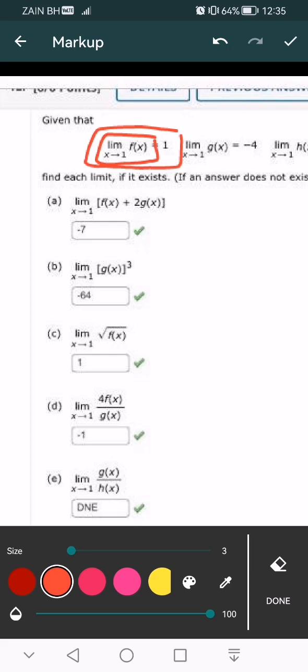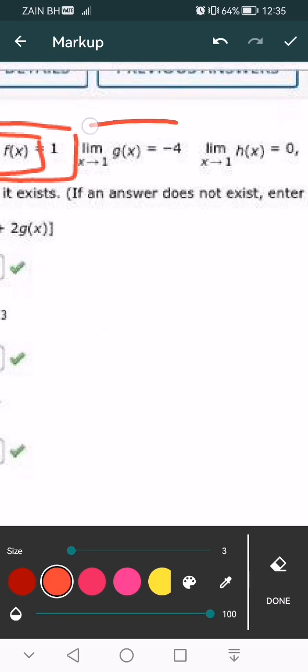He says evaluate, okay, giving that. Again he gave another given: the limit as x goes to 1 for g of x is minus 4, so wherever I see the limit as x goes to 1 for g of x, I substitute directly with minus 4.